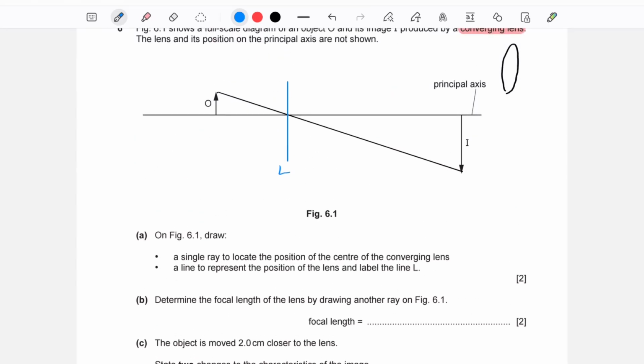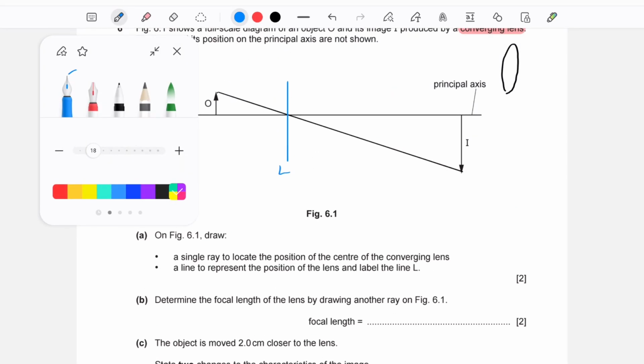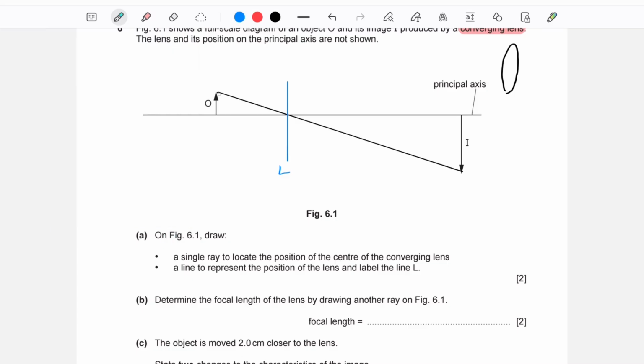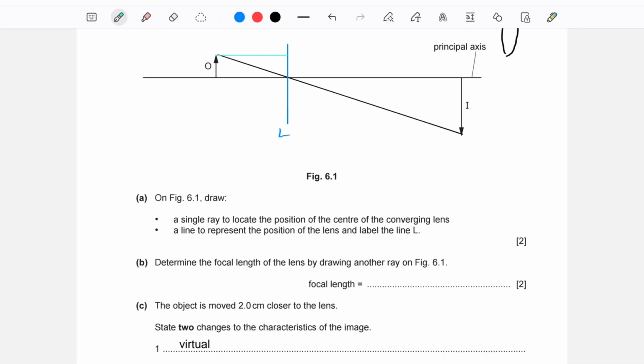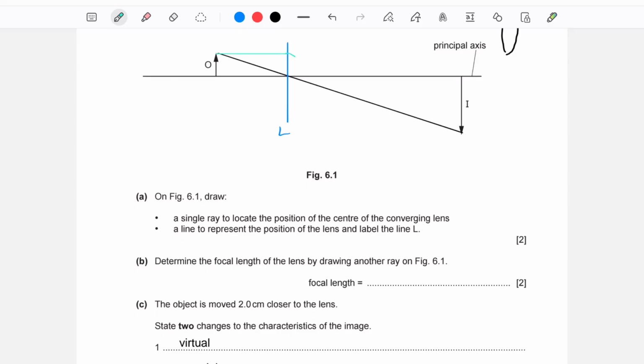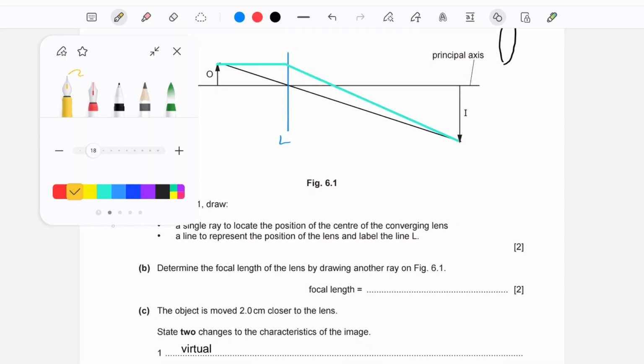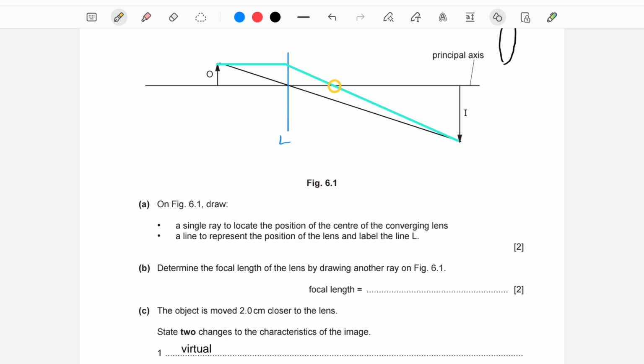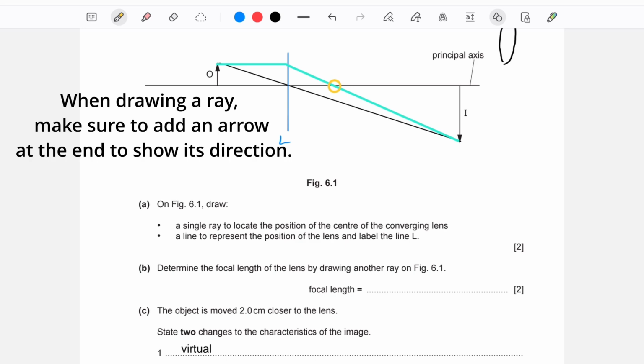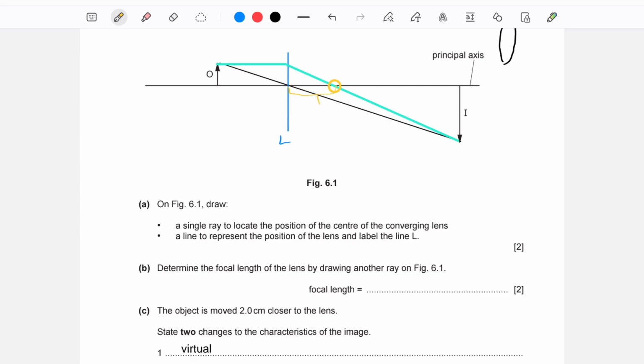So in order to determine the focal length of the lens, you're supposed to draw another ray from here to the lens, and a ray from here to the image. And this point here is the focal point. So if you measure this distance, that would give you the focal length.